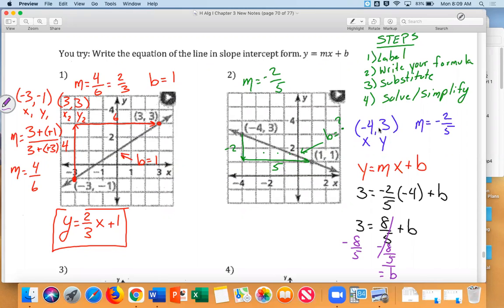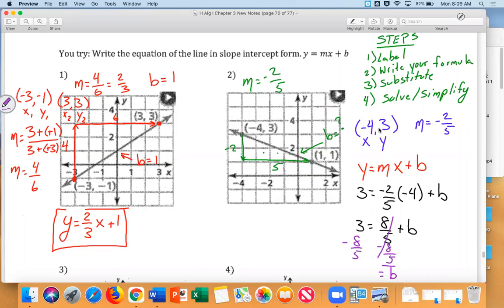Who knows what 3 minus 8/5 is? Nobody? Does anybody have a graphing calculator? If you do, everybody type in 3 minus 8/5 and then hit math, enter, enter. Math is right by the number 7.